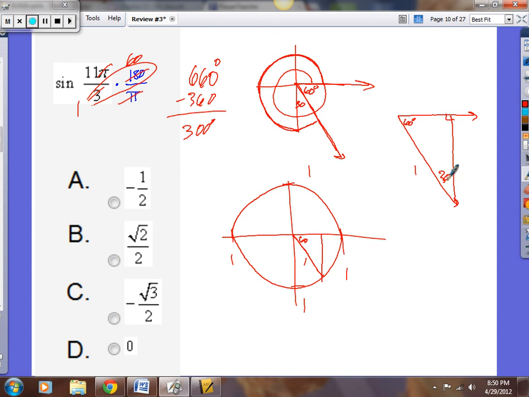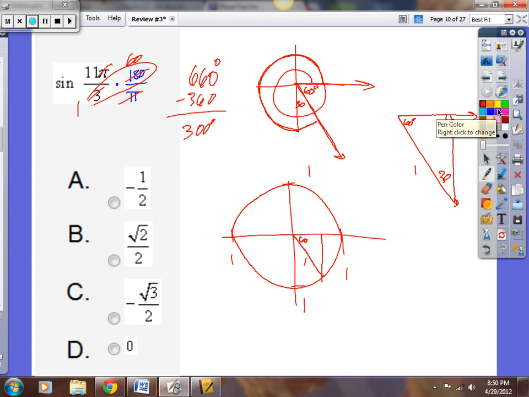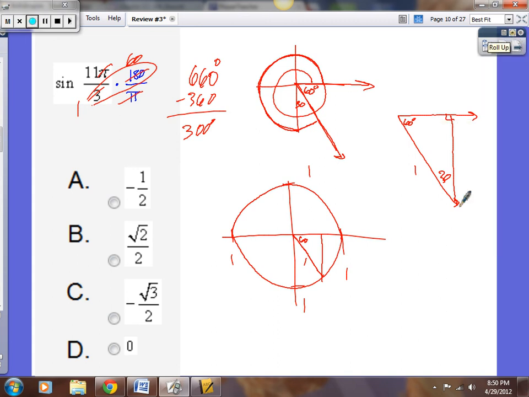Okay, now I'm going to use my little trick and I'm going to draw the rest of the triangle. So I know that this angle 30 got cut in half. It used to be a 60, 60, 60, and all of these sides were also 1. So if they were all 1, I know that this guy right here just got cut in half, so he was 1/2. And I know that the altitude, this other side, is the side that got cut in half, so it's 1/2 times the square root of 3.